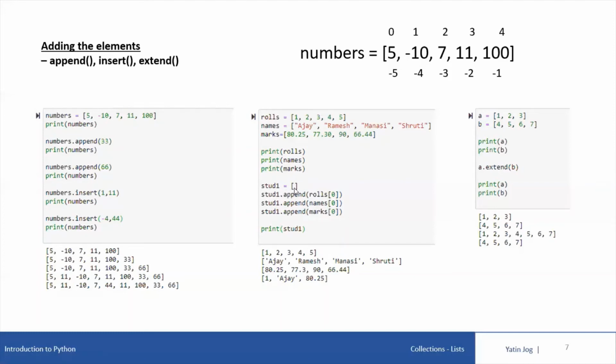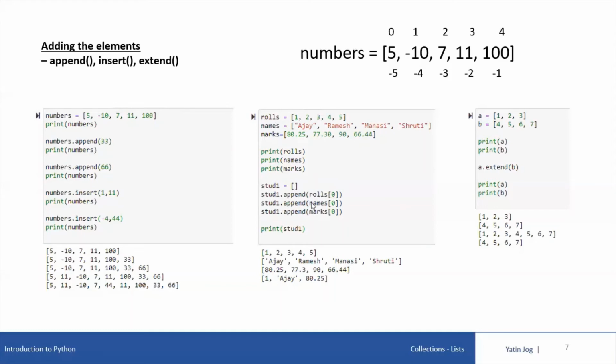So it's a blank list, null list. And then what I am doing is appending 1 roll number from the roles, 1 name from the names, and 1 marks from the marks. So stud1, which is right now empty, dot append, that means there is nothing. So append means it will come at the first location at 0 index, roles of 0. So the first roll number 1.